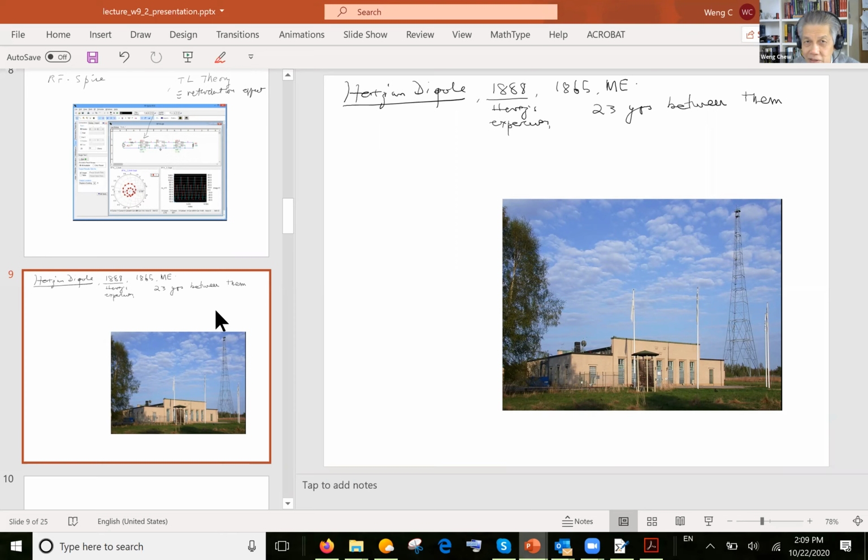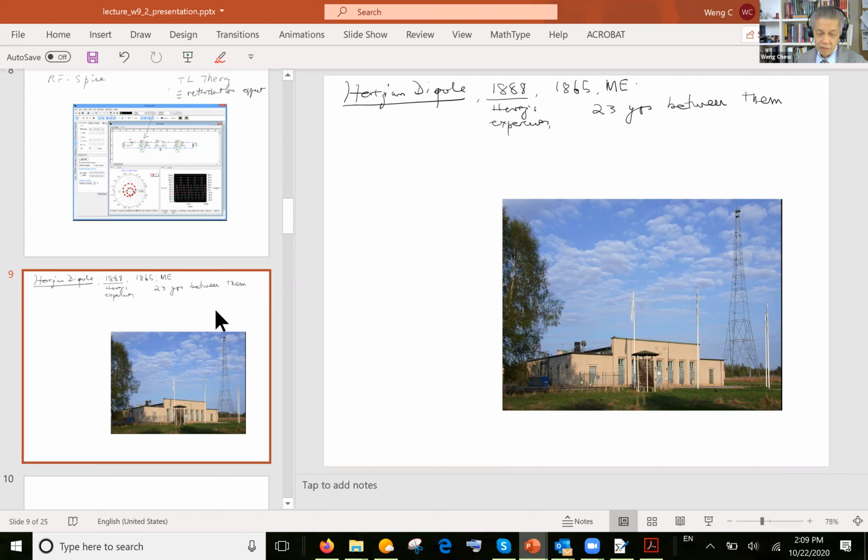But maybe at that time it wasn't too long, because they did not have ways of communication like what we have in the present world. And for your information, Maxwell was in England, or maybe Scotland to be more precise, and Hertz was in Germany. So people were talking across the borders. And I guess scientific research knew no boundaries then. People were talking to different parts of the world then.